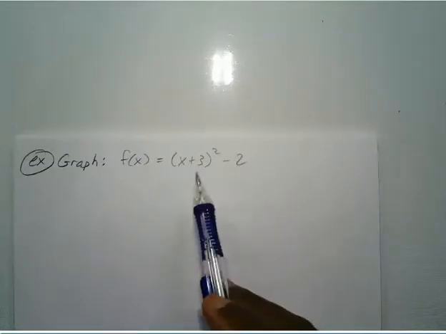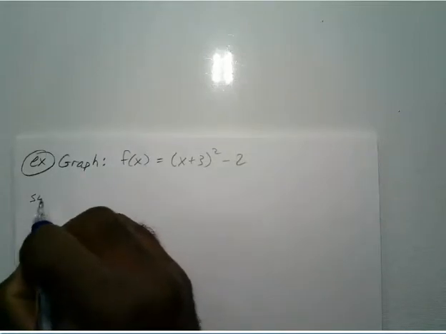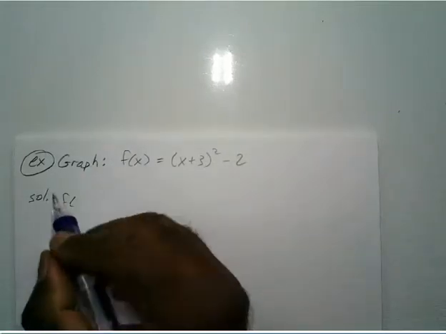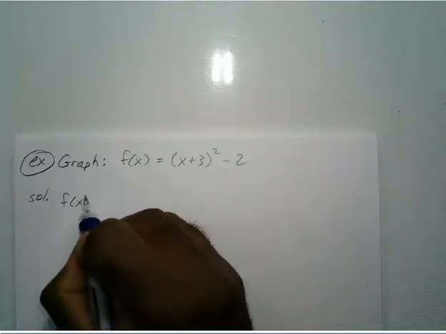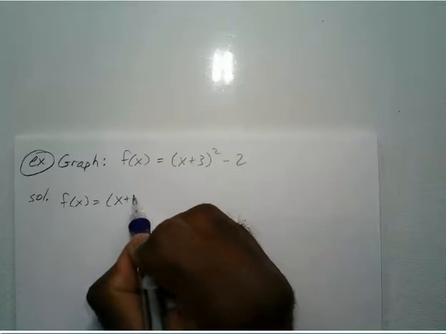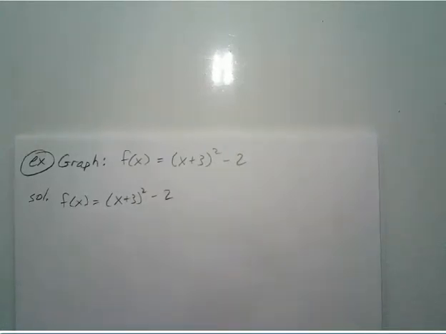Well, in this case, you're going to do both, not just one or the other. Now, before we find our parent function, we're just going to take a quick look at it. (x plus 3) squared minus 2.